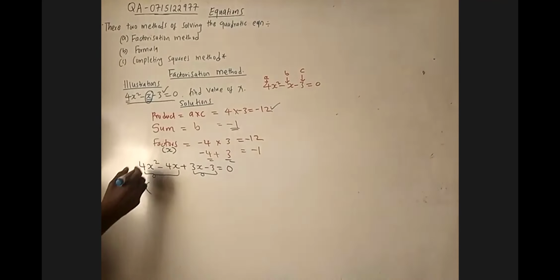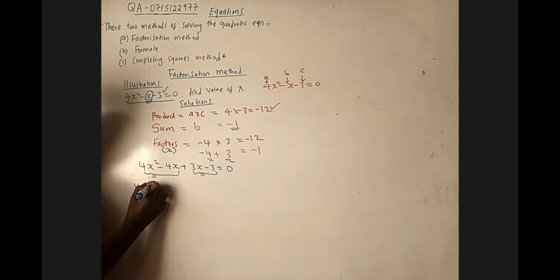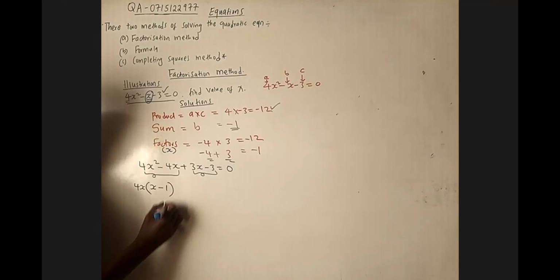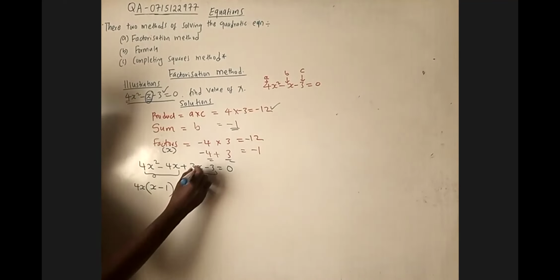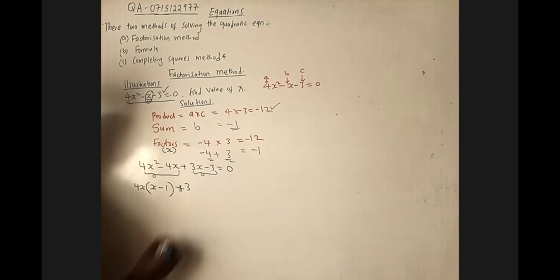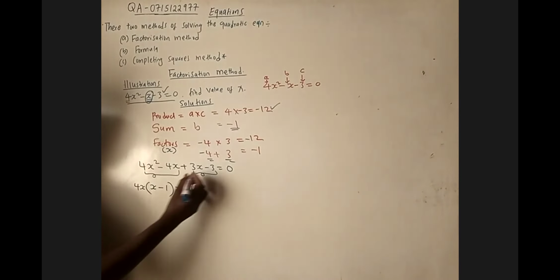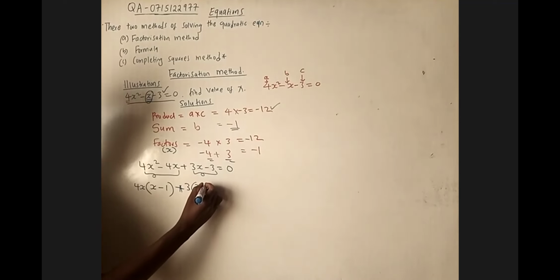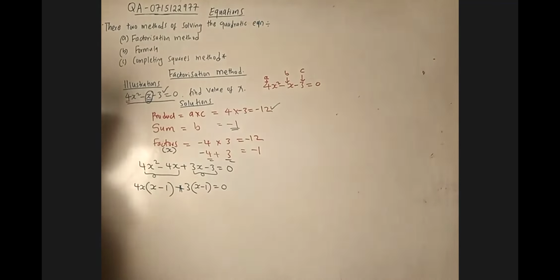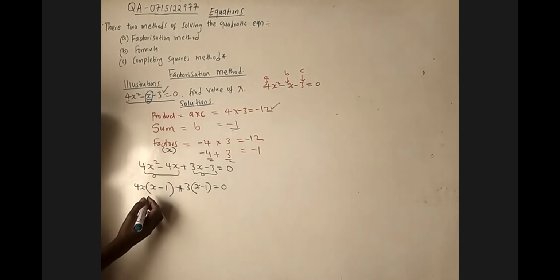So 4x times x minus 1, plus 3 times x minus 1 when you open the bracket, is equal to 0. So we pick the common item.